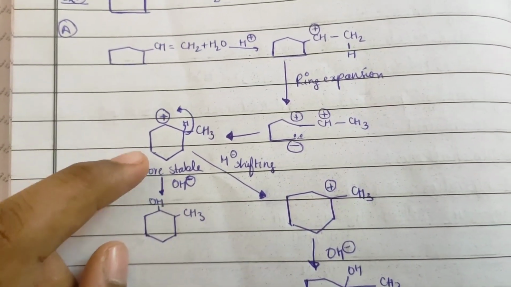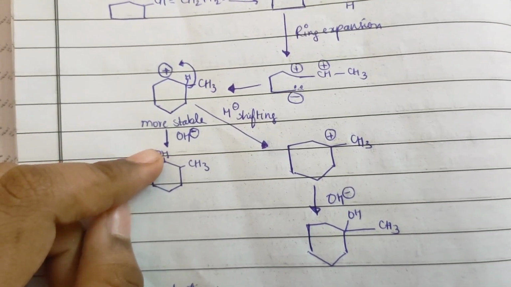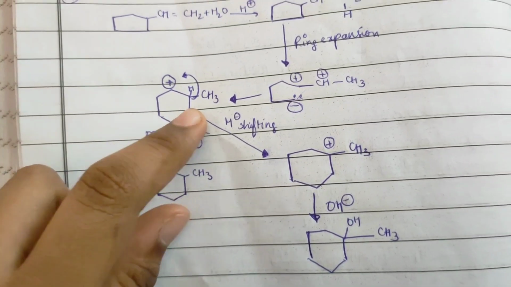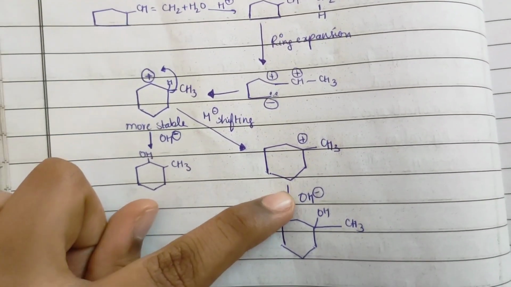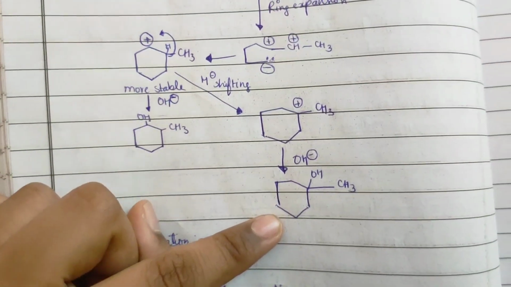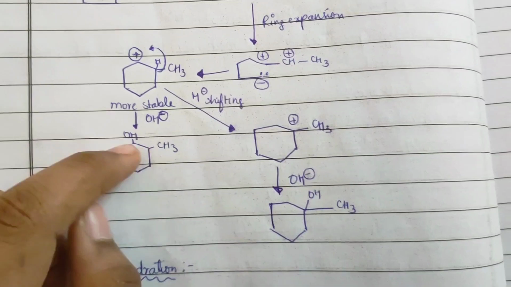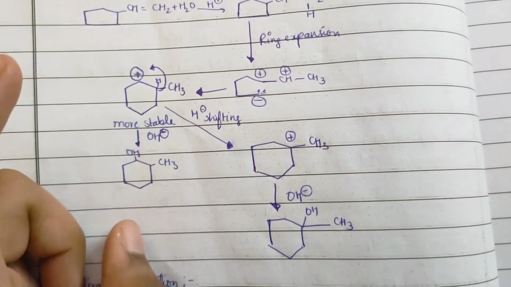Then it may undergo two types. First, it may take OH minus ions and form like this, or hydrogen shifting may occur like this, and again OH minus is taken, and it may finally end like this. Both are the same, but this is the easy method, and the ring structure is more stable than the normal structure.